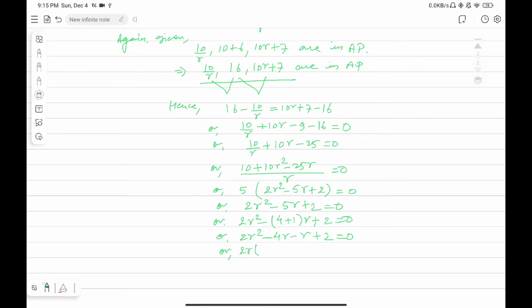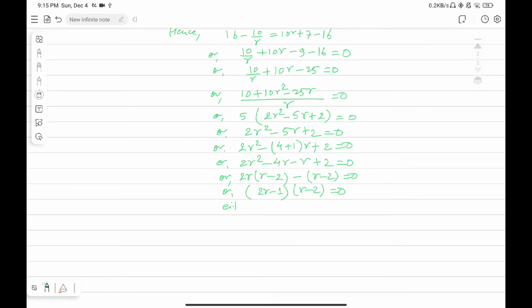So 2R, this is R minus 2, minus common, R minus 2. So we are getting two solutions for R: either 2R minus 1 is 0, which gives us R is 1 by 2, or R minus 2 equals 0, which gives us R equals 2.